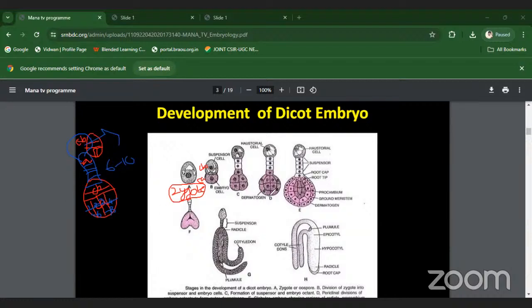So these are the octant cells here, and later the suspensor forms from the CB cell, and the topmost cell acts as the haustorial cell. Later, the lower cell is known as the hypophysis. Lower cell means this one, this cell, and that acts as the hypophysis.